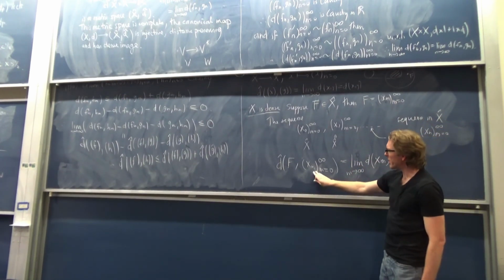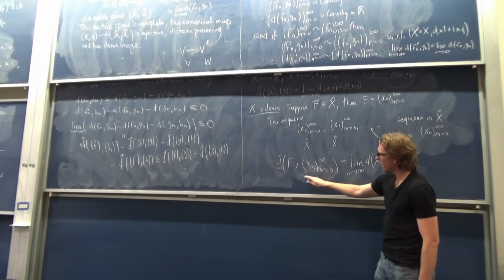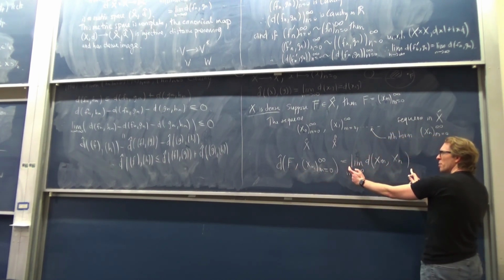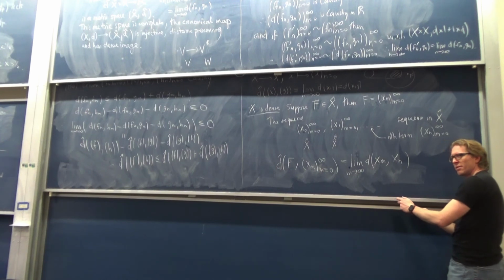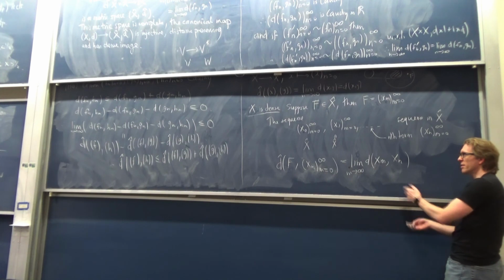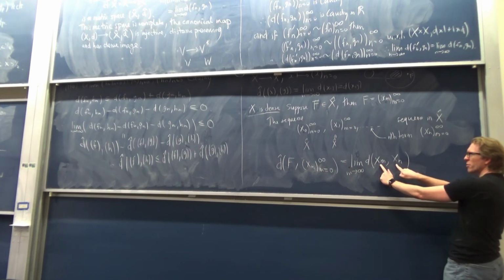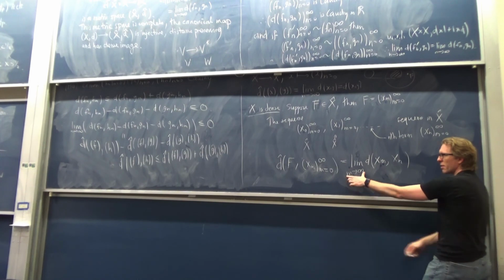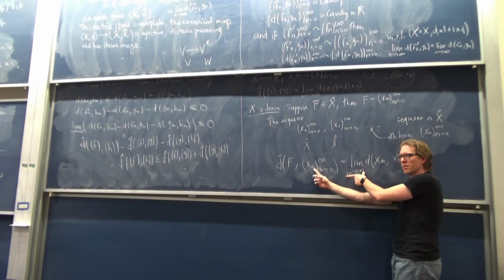Okay, so to show this sequence, as I vary n, converges to f, I just have to show that this can be made arbitrarily small by making n arbitrarily large. But that's the definition of Cauchy, right? To say the sequence x is Cauchy is to say, given any epsilon, as long as I make both m and n very large, I can make this distance less than epsilon. But I'm allowed to make both m and n very large, because this guy is going to infinity, and I'm allowed to make this as large as I like.